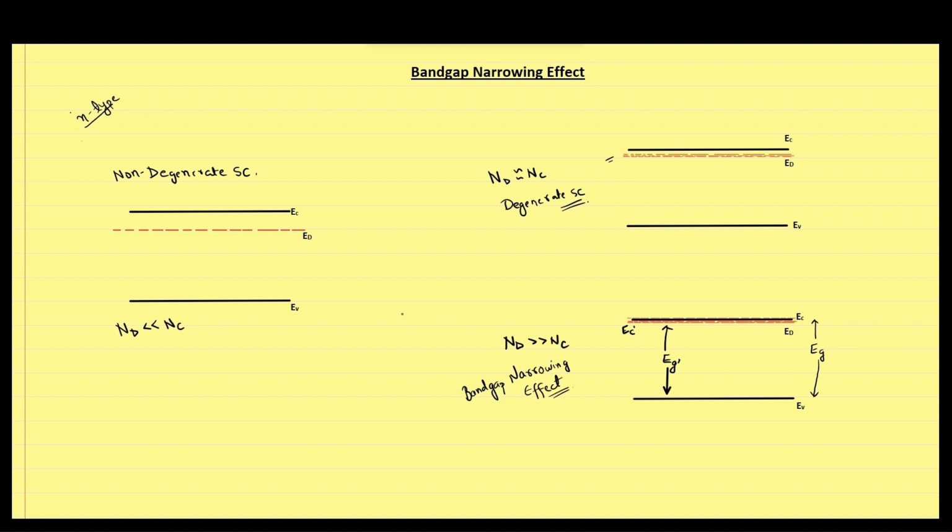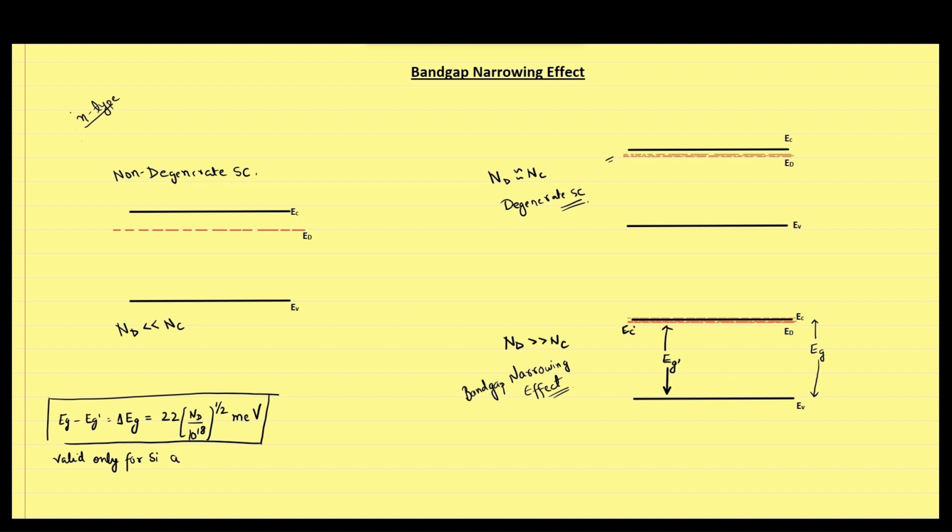For finding the change in band gap, we have a formula: ΔEg = 22 multiplied by (Nd divided by 10 to the power 18) raised to the power 1/2, and this will be in milli electron volts. This particular formula is not universal, as it is valid only for silicon at room temperature.